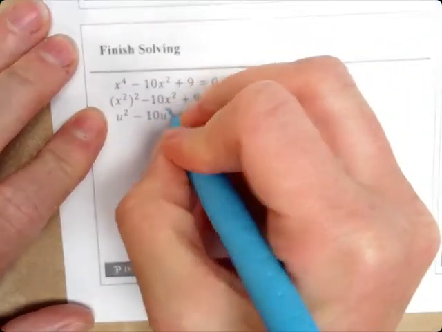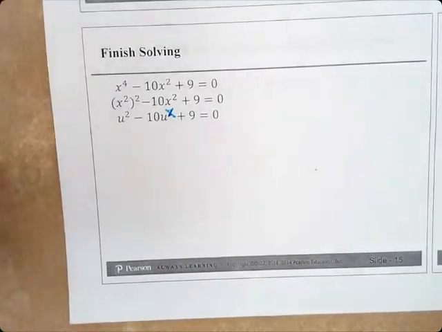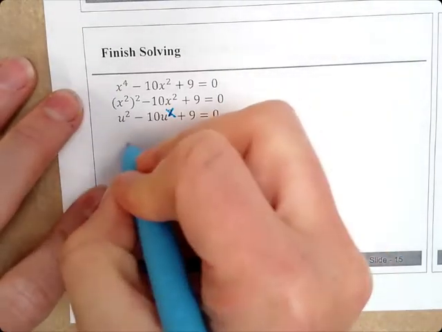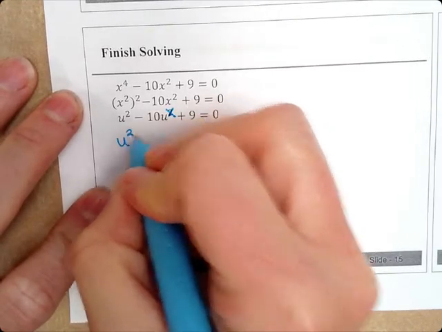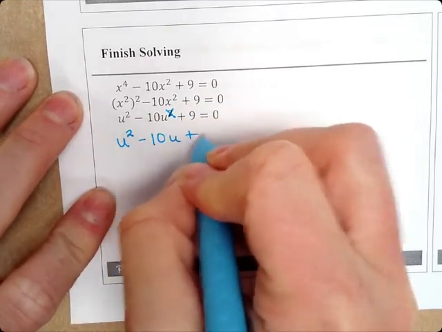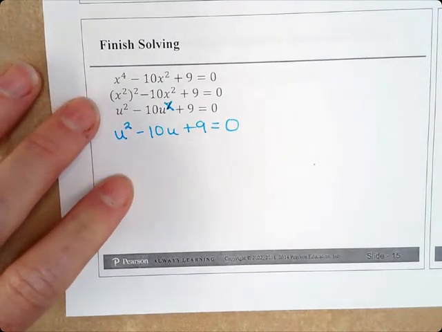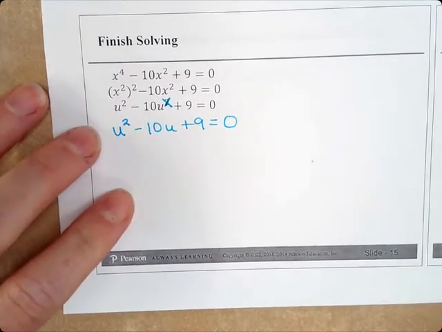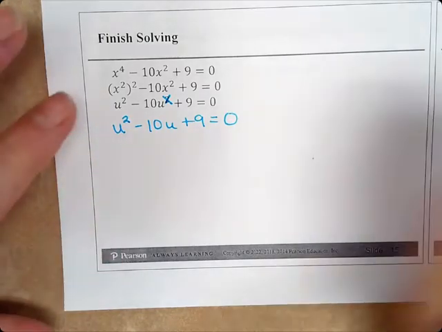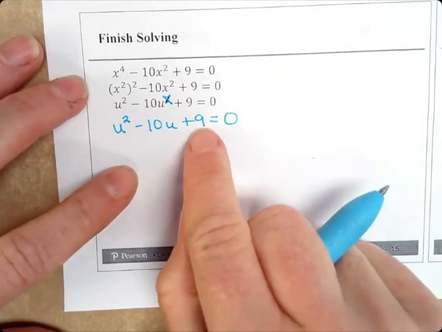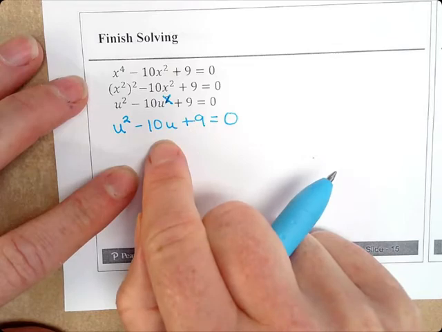And I made that little mistake there. So mark out that extra squared with the 10u. And we'll rewrite it: u squared minus 10u plus 9 equals 0. So now we can factor it. What numbers are factors of 9 that add to get negative 10?